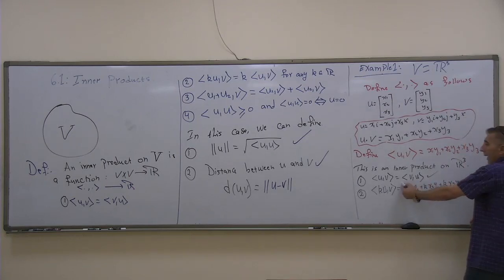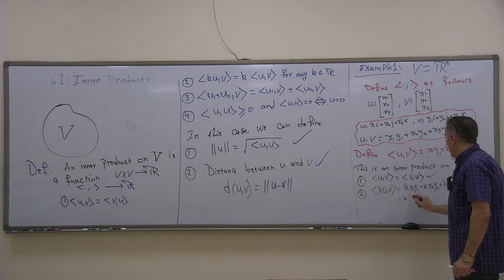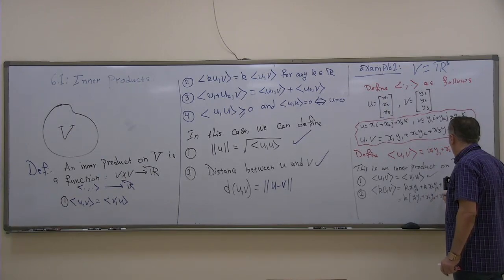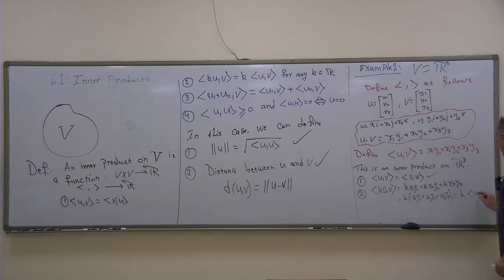Now, take K as a common factor. So this will be K into X1 Y1 plus X2 Y2 plus X3 Y3, and that is going to be K into the inner product of U, V. So the second condition is also satisfied easily.